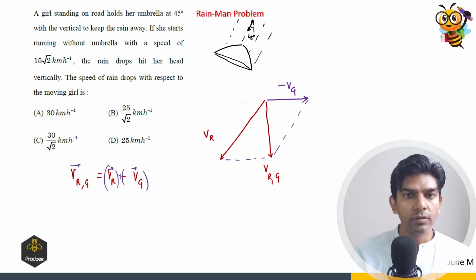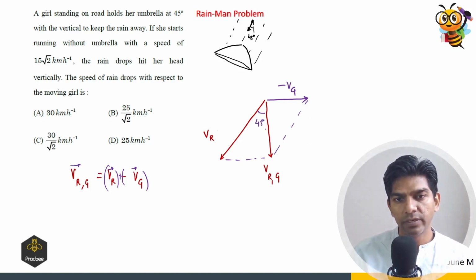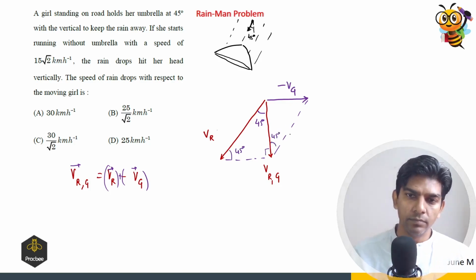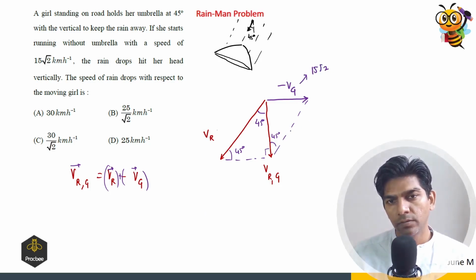So what is given? The velocity of rain is not given, but this angle is given as 45 degrees. So this is 45, this is 90, so this is also 45. So Vg is given, right? Vg is 15 root 2 in magnitude, and we have to find the speed of the raindrop with respect to the moving girl.